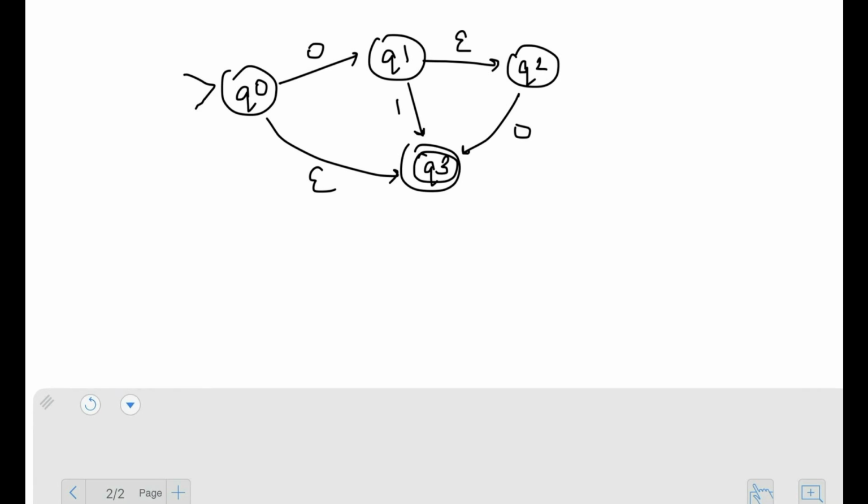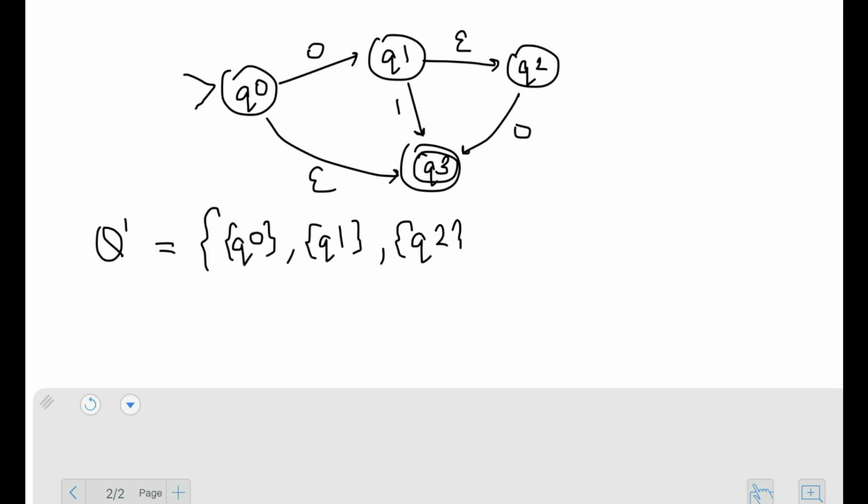So what I'm saying is my Q prime for my DFA will be the set of Q0, Q1, Q2, Q3, and then I will have Q0, Q1, that will be a single state in my DFA, and so on.